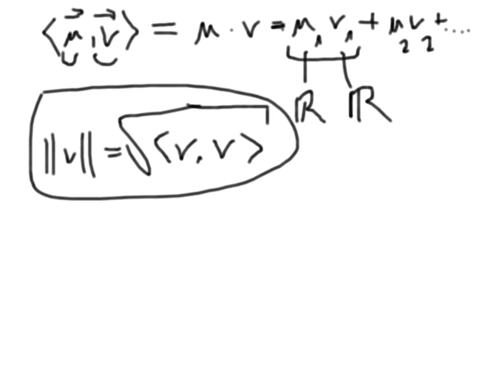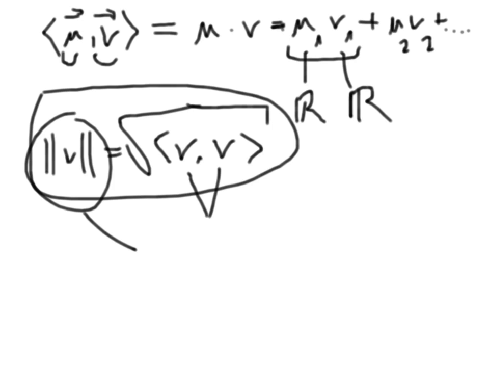So if you have the same vector in the inner product, basically what you are doing is taking the product of the lengths, and you will get what you expect. So it's the length squared. The meaning of the norm is exactly this. It's just the length of the vector.